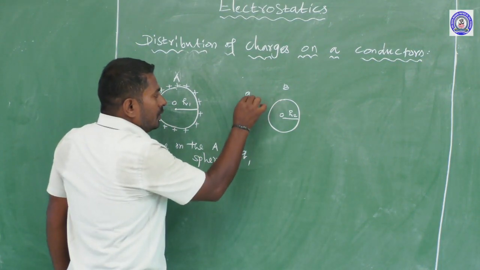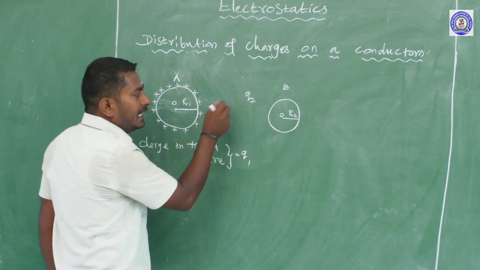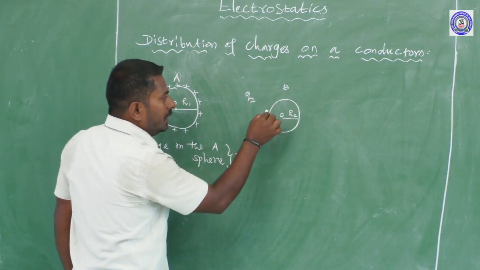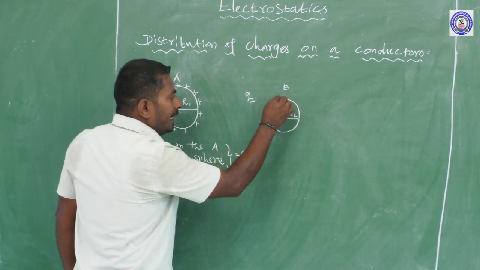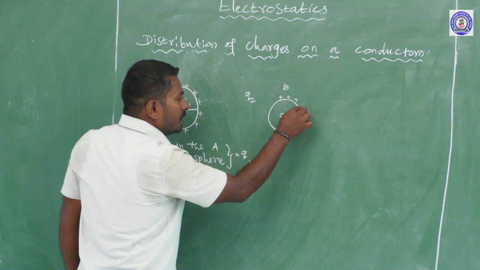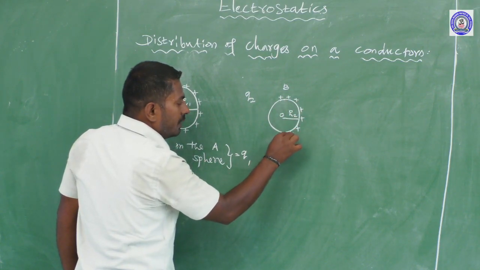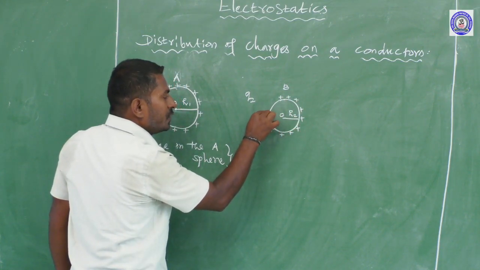Now Q2 is another quantity of positive charge given to the metallic sphere B, then the entire quantity of positive charge is uniformly distributed over the surface of the metallic sphere B.